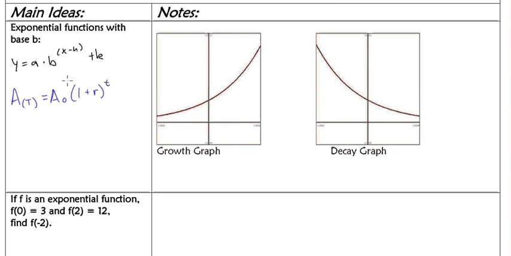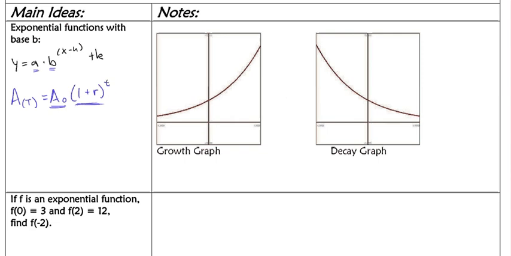Hopefully you can connect these things: our initial amount is just like the A right here. Our B value is our 1 plus r. The t has taken on a little bit different form, but we'll talk about this in just a second. It's really just the same thing as well. And then we'll have this plus k at the end.